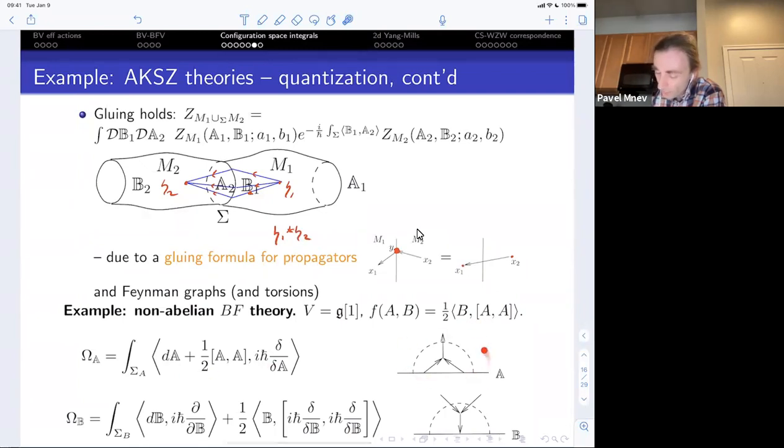There's only one boundary diagram, and it's easy to calculate. It's a first order differential operator in A because there's only one outgoing edge. Likewise for the B boundary, you have a free term and a correction coming from this diagram. There are two edges going outside, and that corresponds to the fact that this is a second order differential operator.